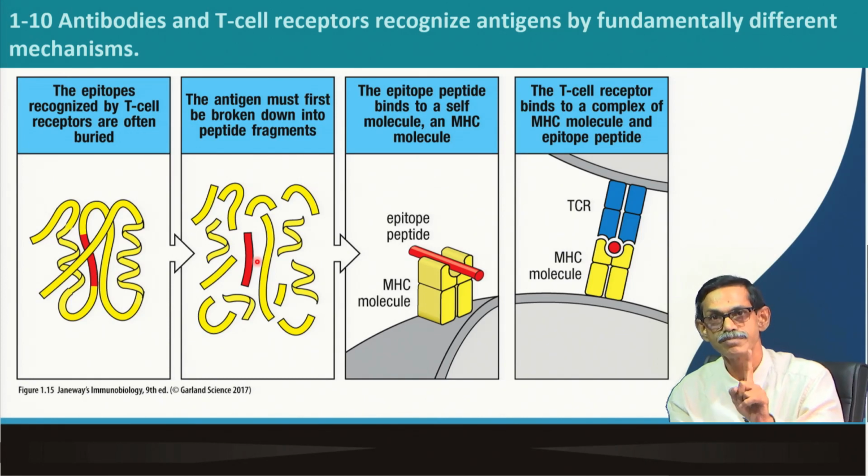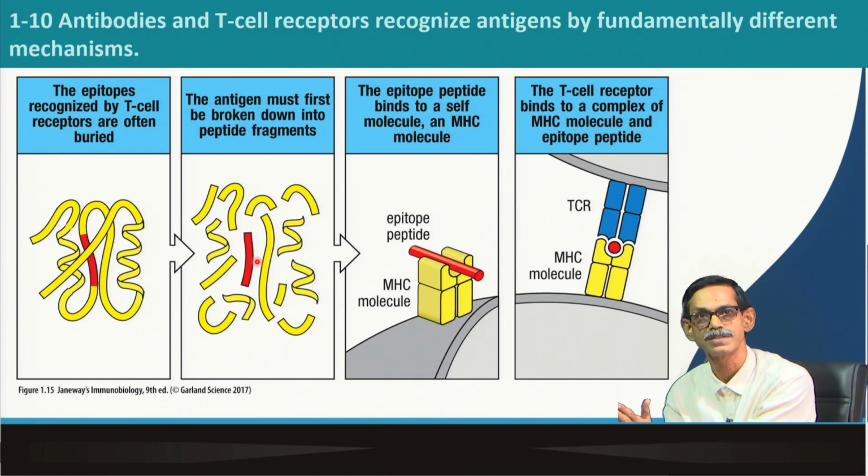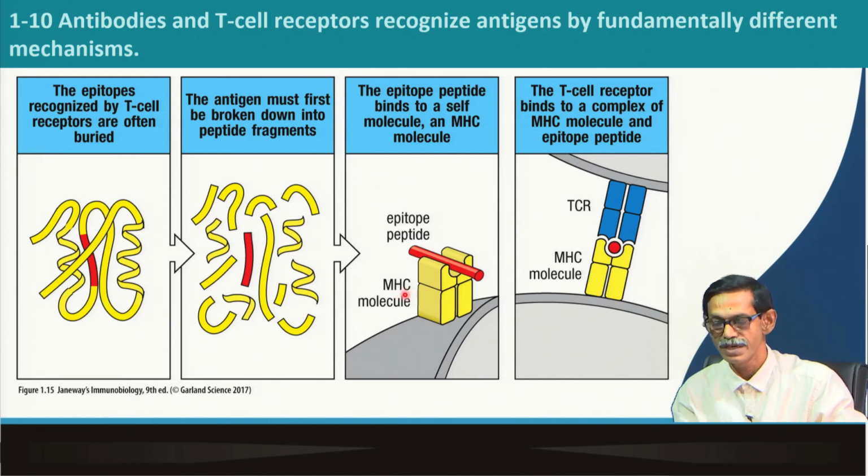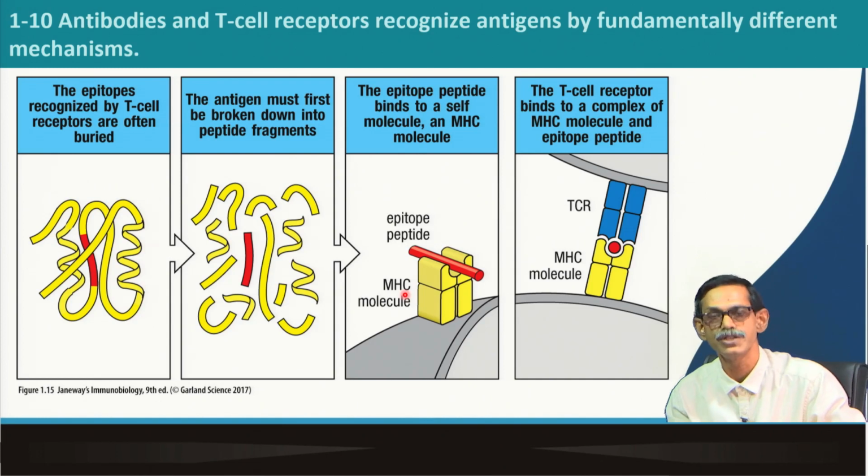There is another terminology you have to remember from now onwards, known as MHC. MHC is the major histocompatibility complex, which we will discuss again later. What is this MHC?